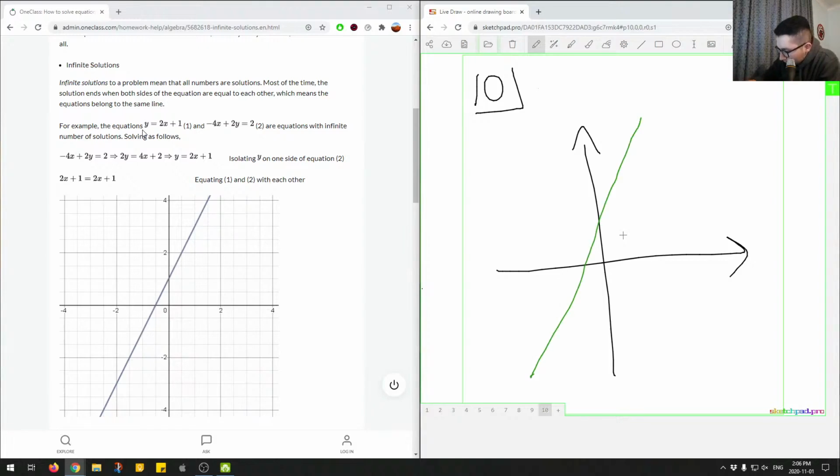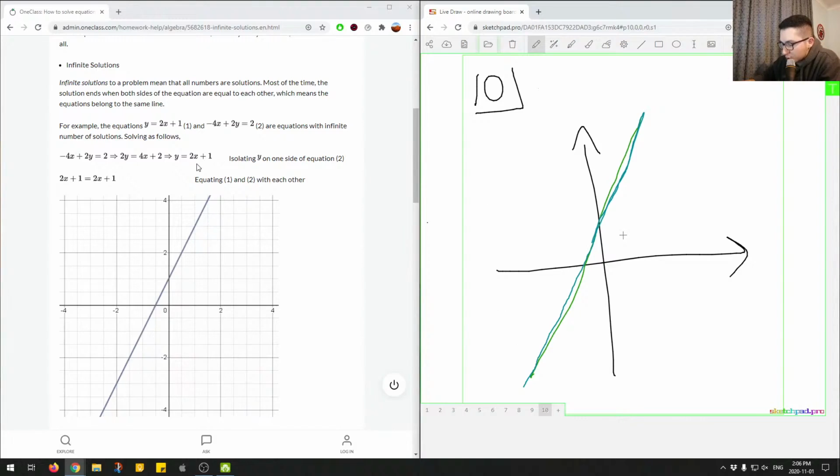And then our next one, let's draw this in blue. So we drew 2x plus 1. It's essentially 2x plus 1 again. So it will be the same line on top of each other. I haven't drawn these exactly on top of each other, but they should be exactly on top of each other. That's why you have an infinite number of solutions. And that's an explanation of what that means.